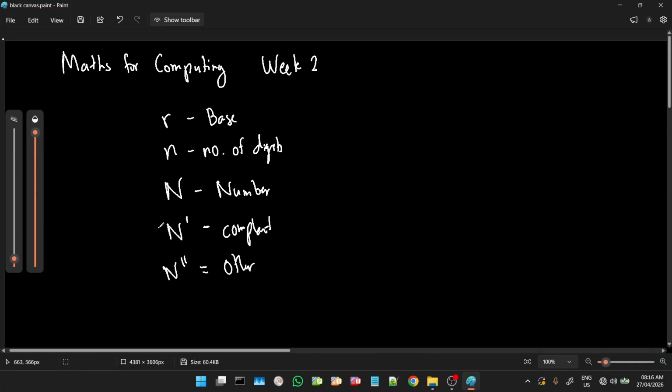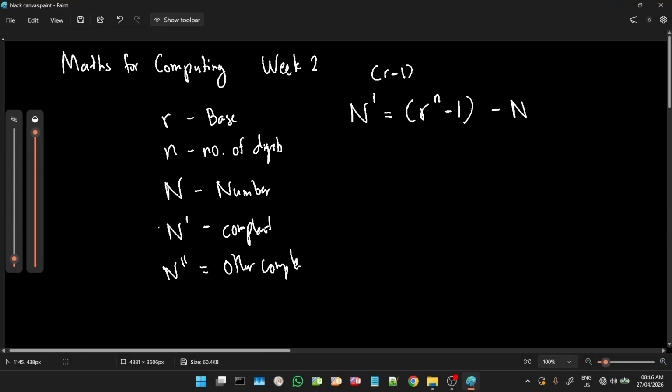Why is this? Well, I think it's best if you realize it for yourself. So N dash, its R minus 1 complement, is equal to the base to the power of the number of digits, minus 1, minus the number.